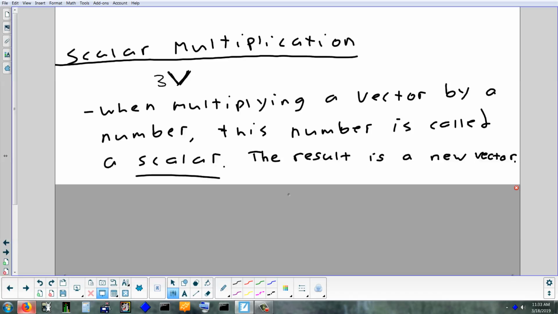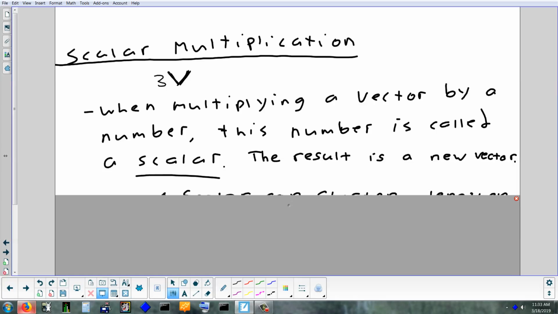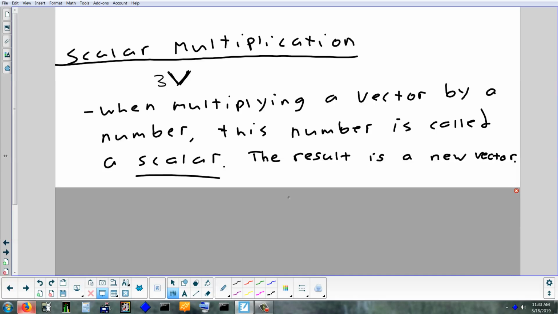Now Allison said two things that could happen. It could get longer. It could get shorter. But there's actually a third thing that could happen. We don't scale by the number 0, because that would just wipe your vector out. Does anyone know the third thing that could happen, besides the vector getting longer or shorter? Could it change direction if you multiply it by a negative number? Yes. It can change direction in a very specific way.